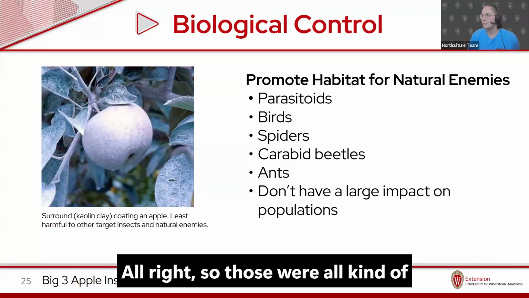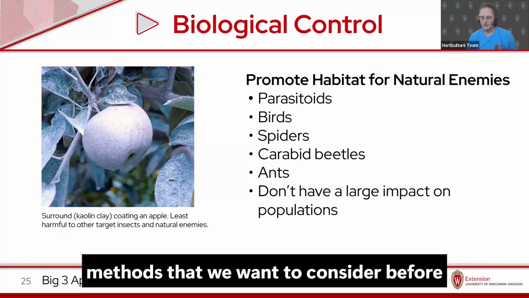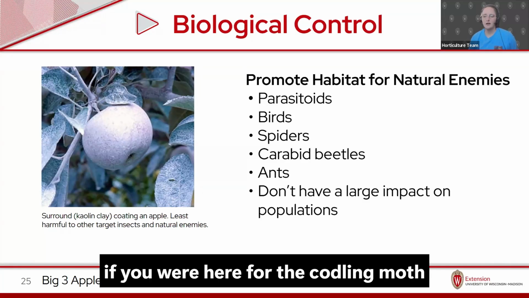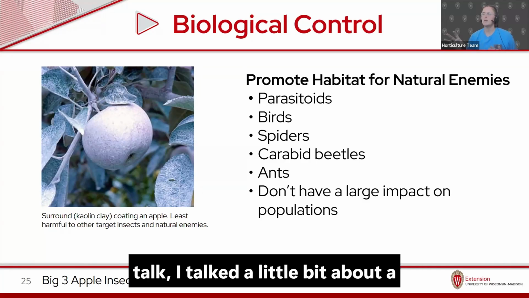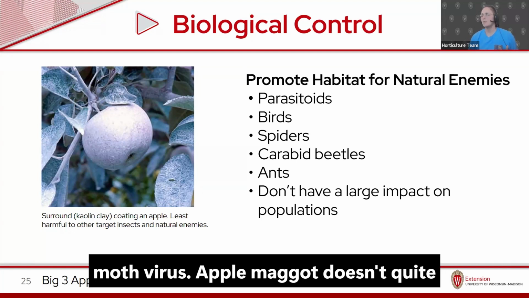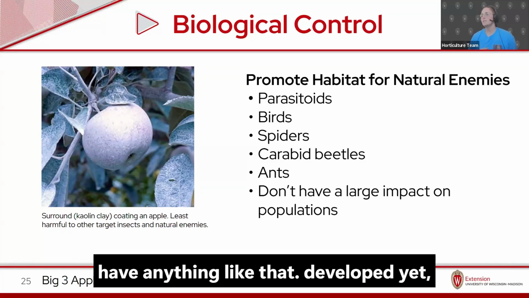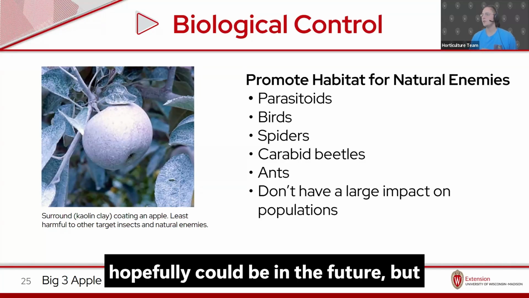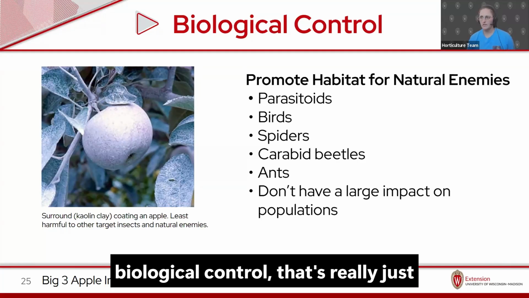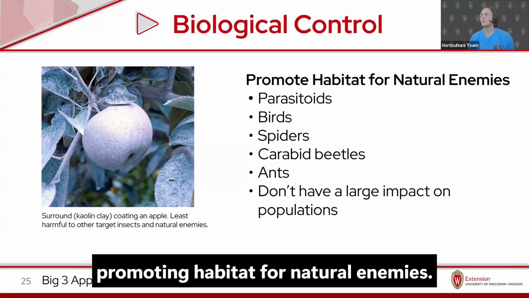All right, so those were all methods that we want to consider before using chemicals. And if you were here for the codling moth talk, I talked a little bit about a biological control method using codling moth virus. Apple maggot doesn't quite have anything like that developed yet. Hopefully it could be in the future, but there's still a lot of research to do. So for biological control, that's really just promoting habitat for natural enemies.